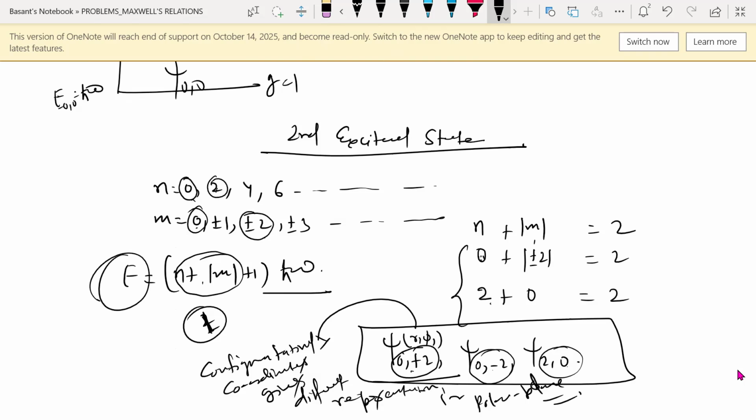Energy for these three states is 2 plus 1 ħω, that is 3ħω.